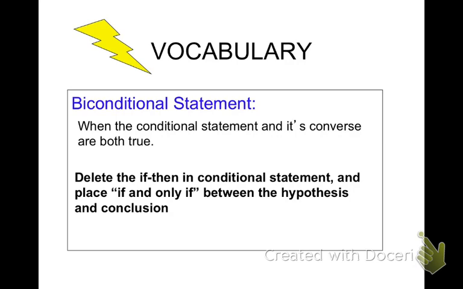Then once you delete those, you're going to then place the words if and only if. Those are your key words for a biconditional statement. If and only if. You'll place if and only if between.